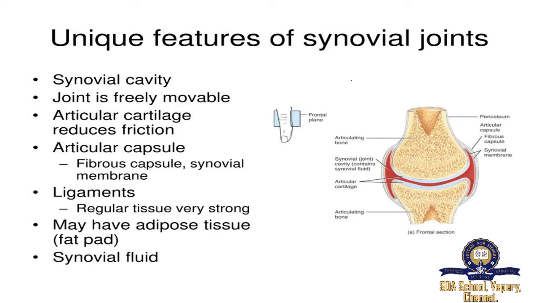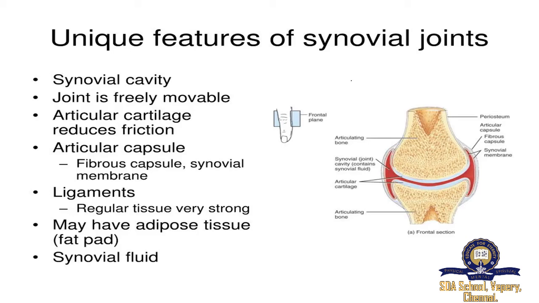And then the joint capsule. So what is a joint capsule? Here we have a joint capsule. It is made of fibrous capsules, and it strengthens the joints, because the fluid alone holds the two bones but they are not joined together.